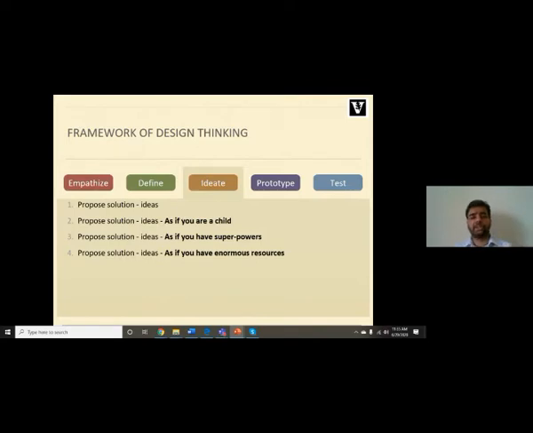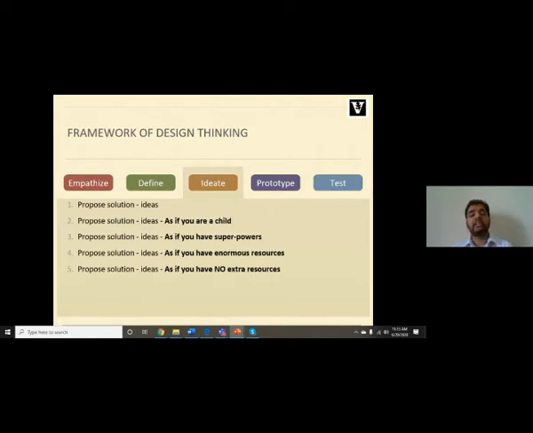Now one more constraint. Suppose you have enormous resources, for example, enormous money and so many people to work for you. Now how will you give solutions to the same problem? This will again open up another set of solution ideas, another type of perspective.